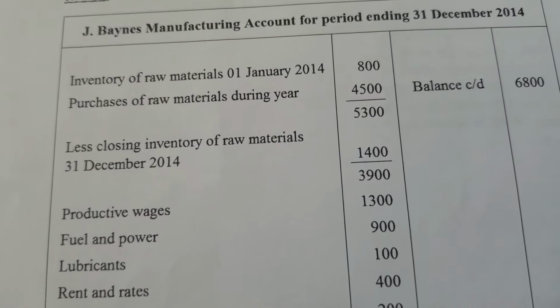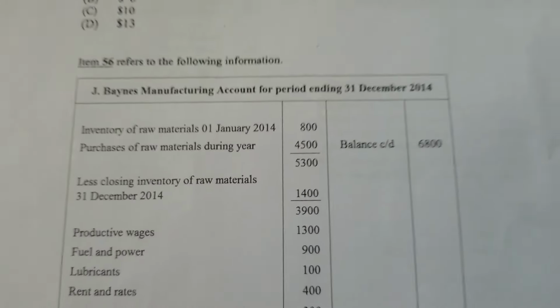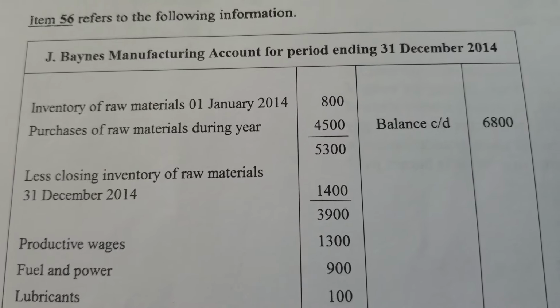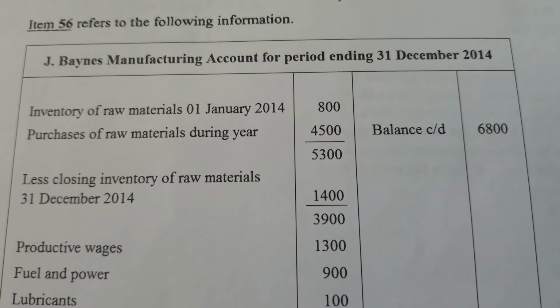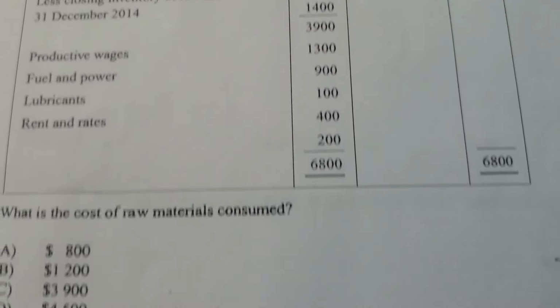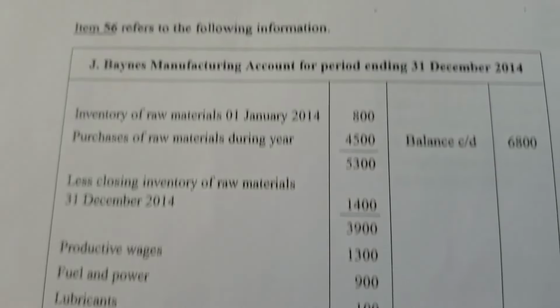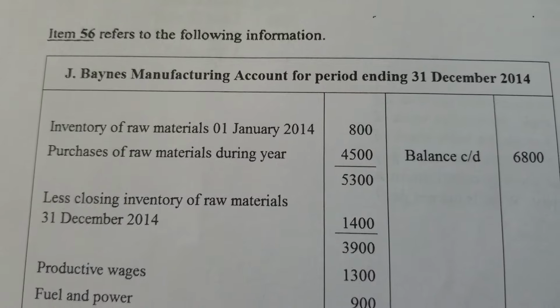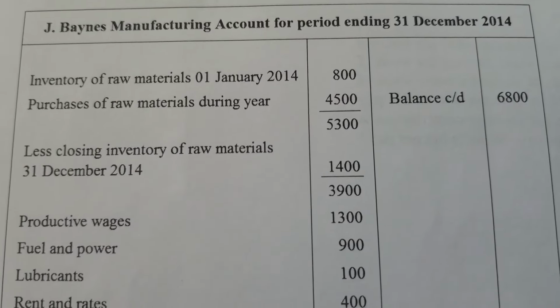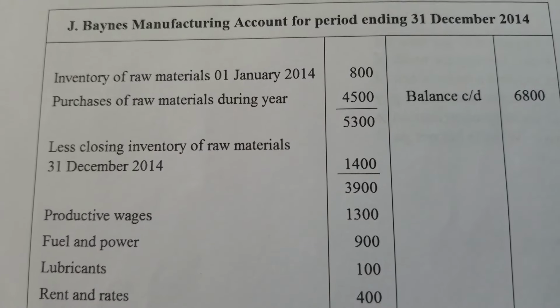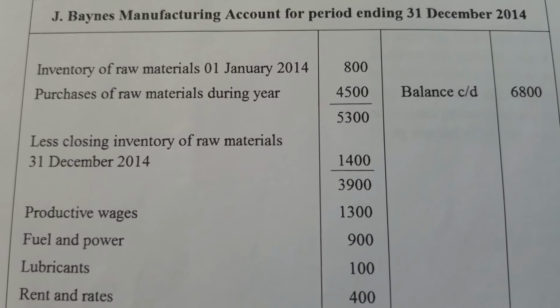Item 56. Item 56 tells us that J. Barnes' manufacturing account for the year ended December 31st. What's the question they're asking us? What is the cost of the raw material consumed? Let's look at it. The cost of raw material consumed would be $3,900.